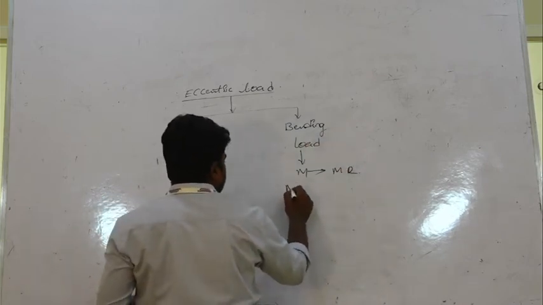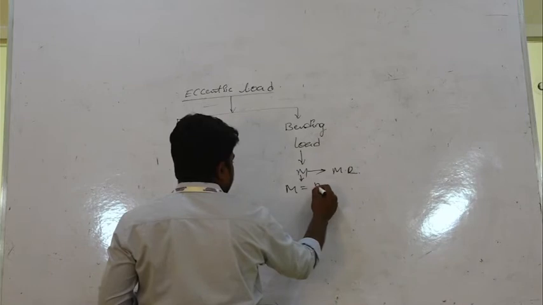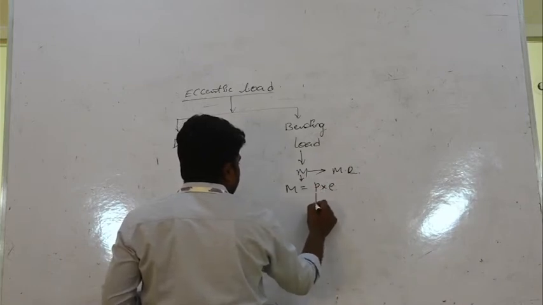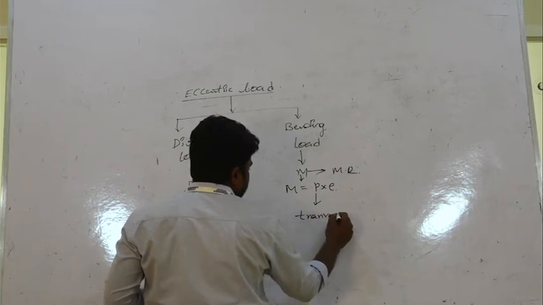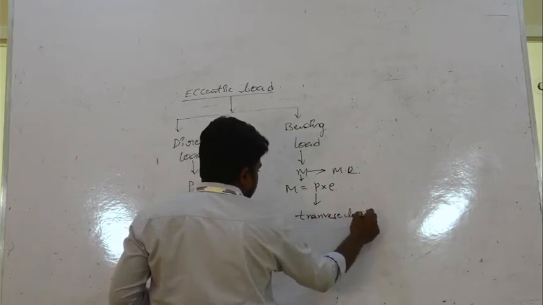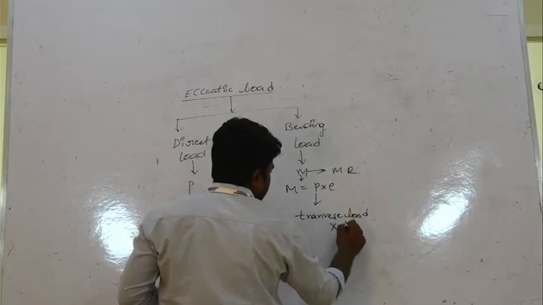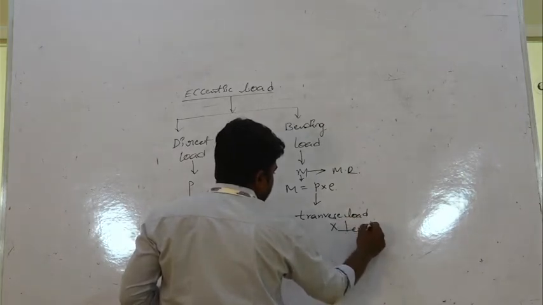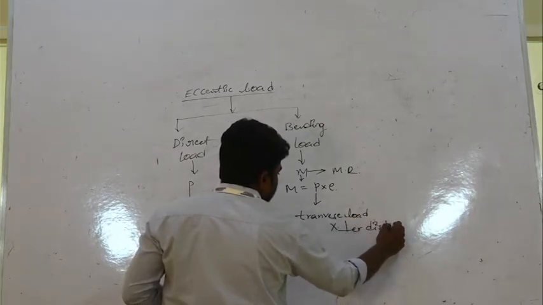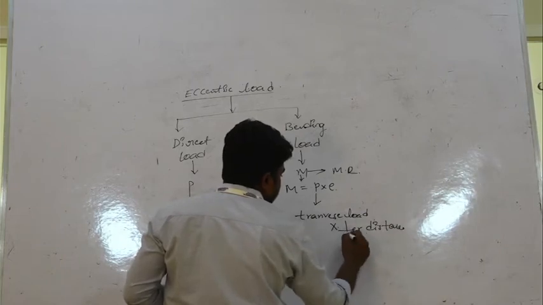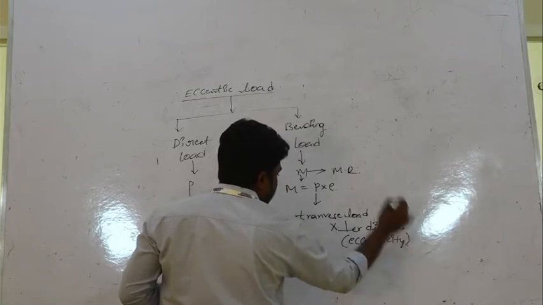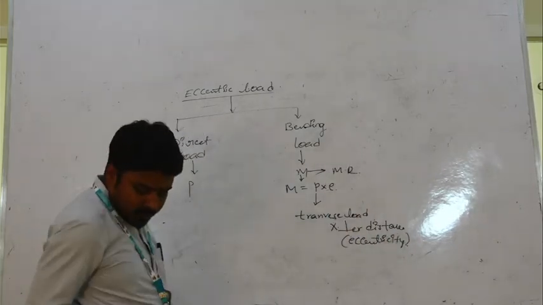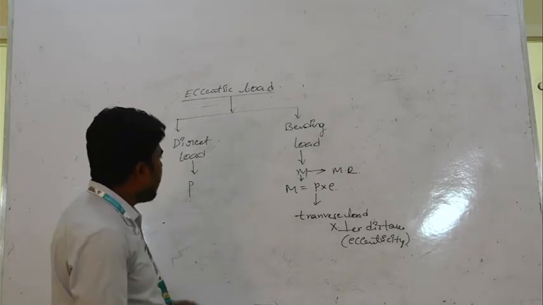This M equals P into e, where P is the transverse load into the perpendicular distance, which is simply the eccentricity. So how does the eccentric load cause the direct load and bending load?